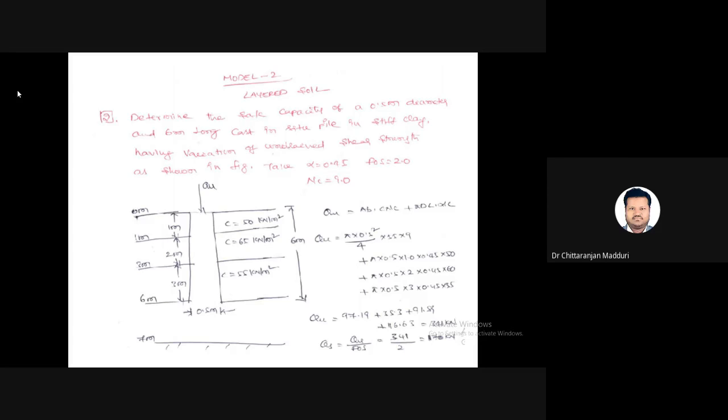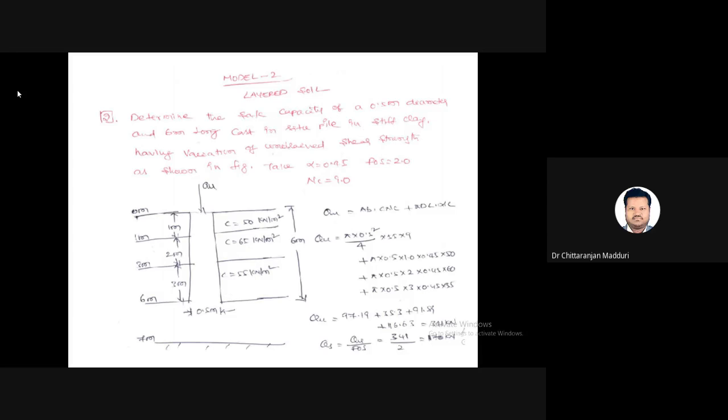So for the first 1 meter depth, pi into diameter of the pile equal to 0.5, into length equal to 1 meter, into alpha equal to 0.45, into c at the top, equal to 50. Second, the middle depth: pi into diameter of the pile 0.5, length, the depth of the layer, equal to 2 meters, alpha equal to 0.45, and c value for the middle layer equal to 65 kN per meter square.